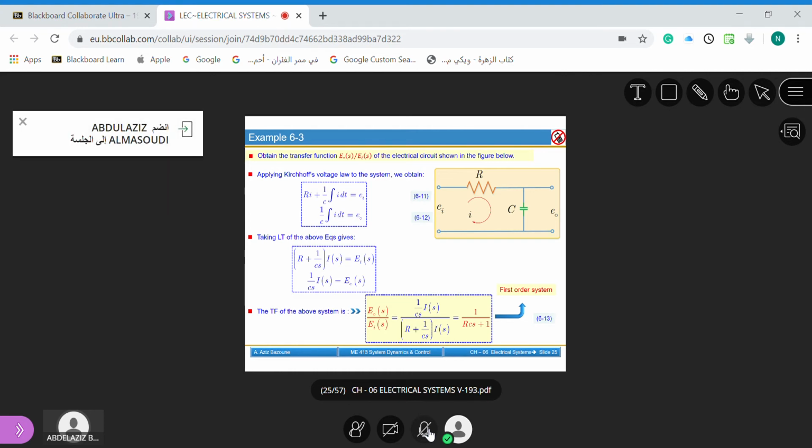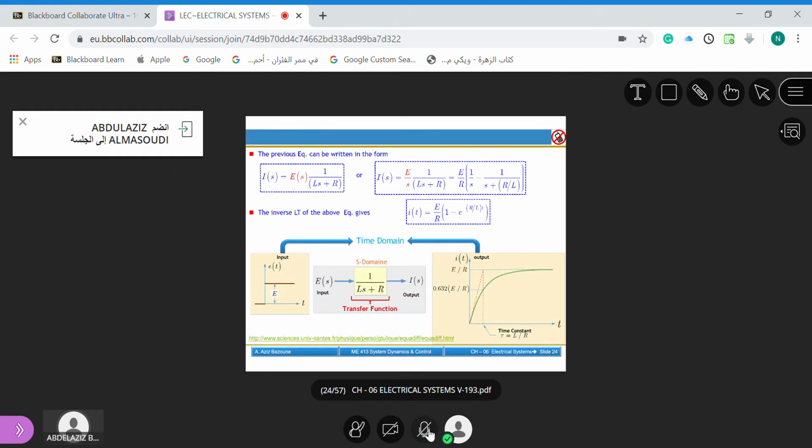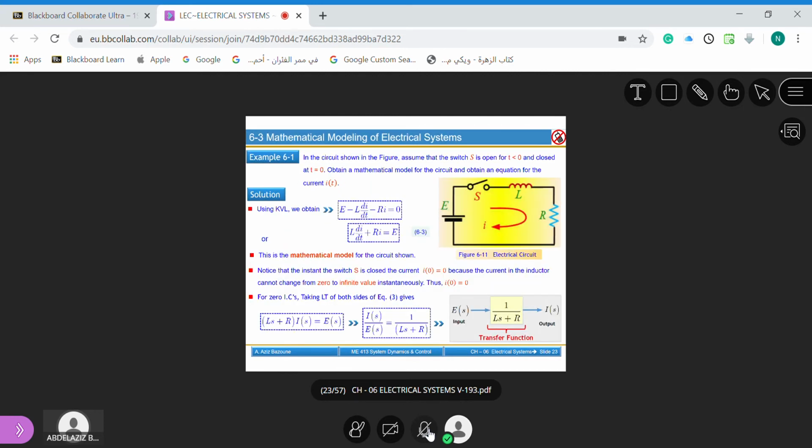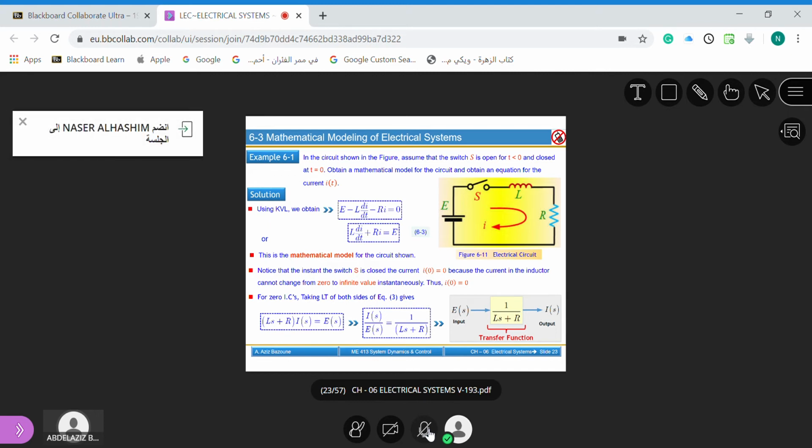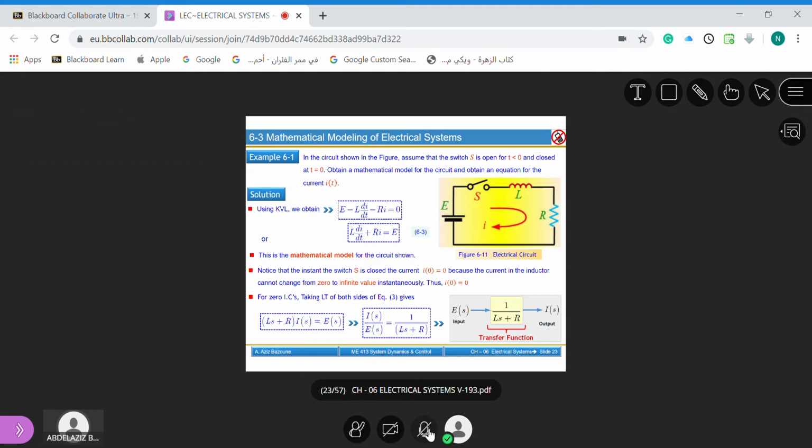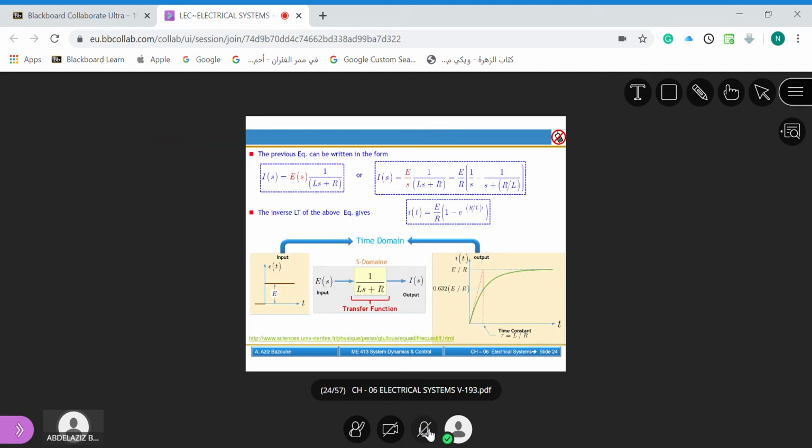And we showed you one example, which was about the modeling of a first order system that consists of just an inductor L with a resistor R. When this is subject to a step input, we found the current output to be of this form.